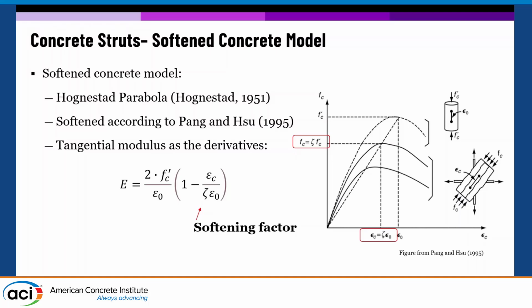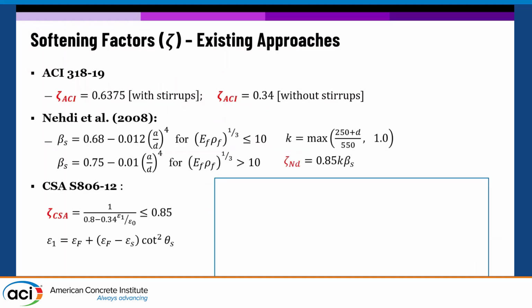And also the peak strain is moved because of softening. So how did we handle this? First of all, we did a literature review. That's what everybody does. So we looked at what kind of softening parameters are used in different resources.